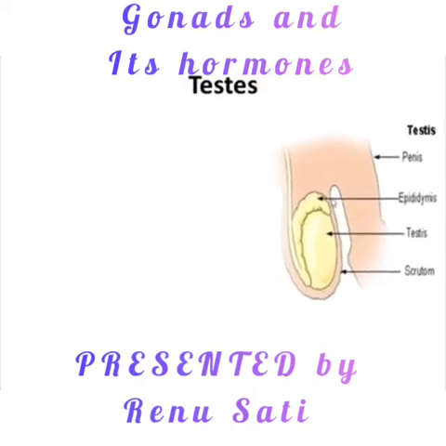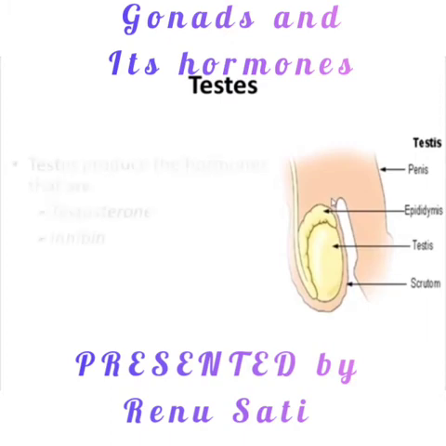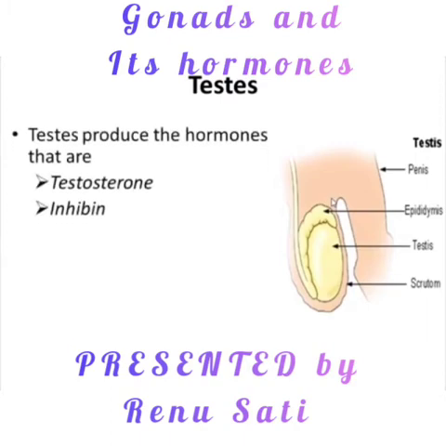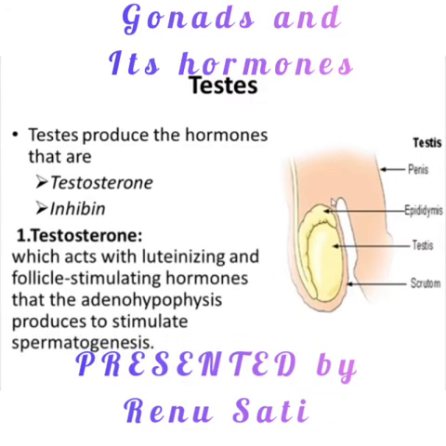In the case of the male, the gonads are testes, which are present in the scrotal sac and produce hormones such as testosterone and inhibin. These testes are placed in the scrotal region.